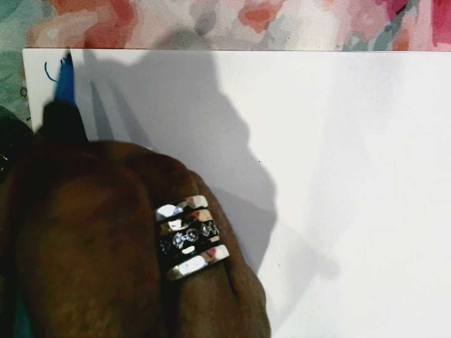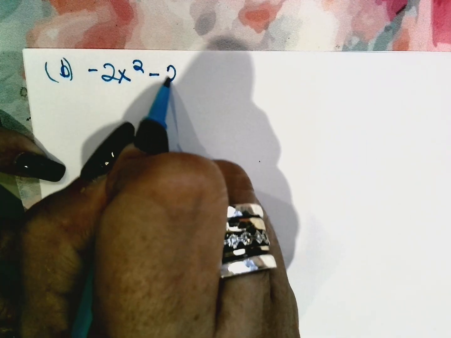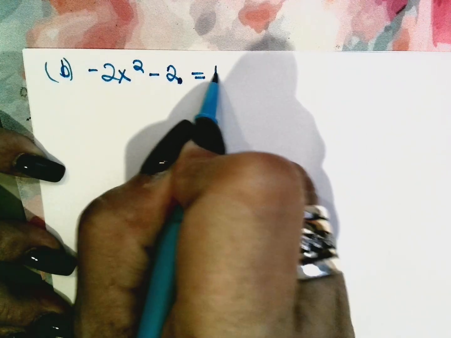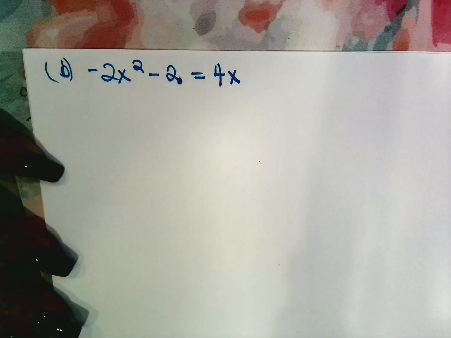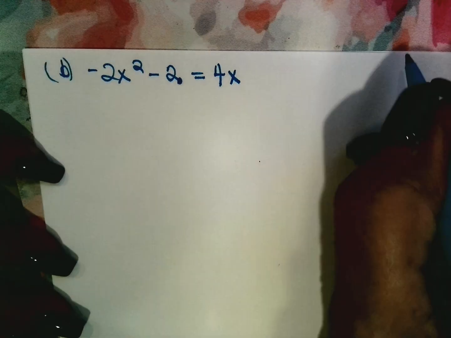All right, so here we have -2x squared minus 2 equals 4x. We're going to go ahead and move everything to the left. We're going to put it in standard form.